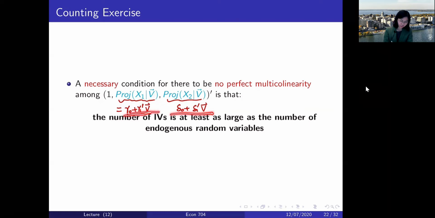And enough difference will imply that this V vector needs to not be a scalar, and needs to contain at least two not perfectly multicollinear components. So the number of IVs should be at least as large as the number of endogenous random variables. In this example, there are two endogenous random variables, so V should contain at least two variables.